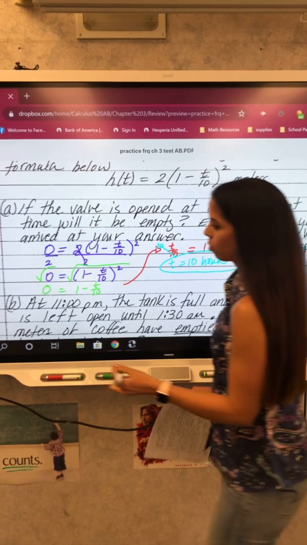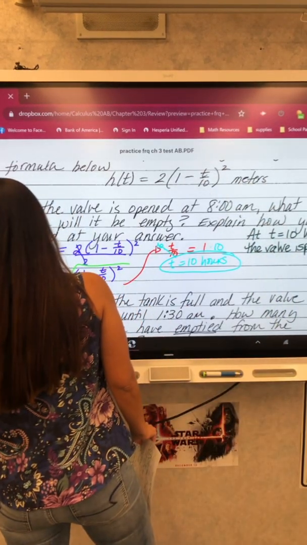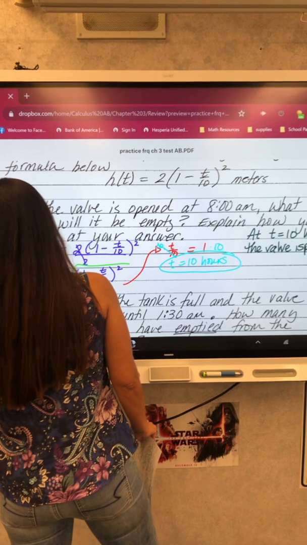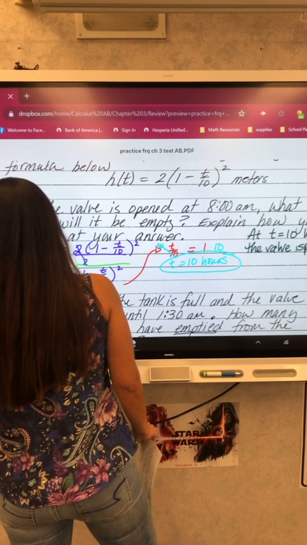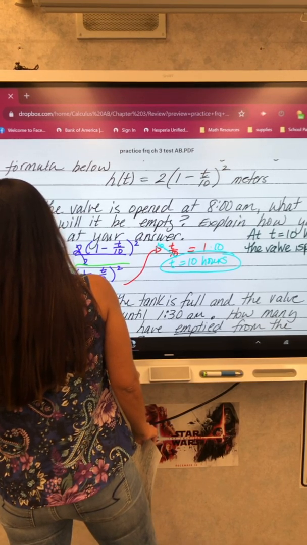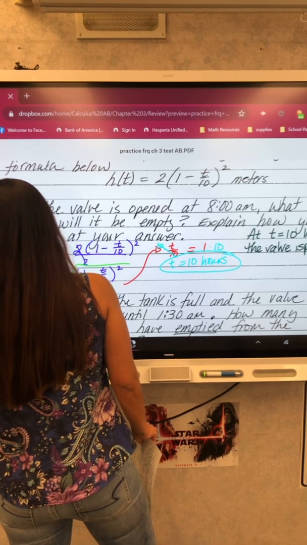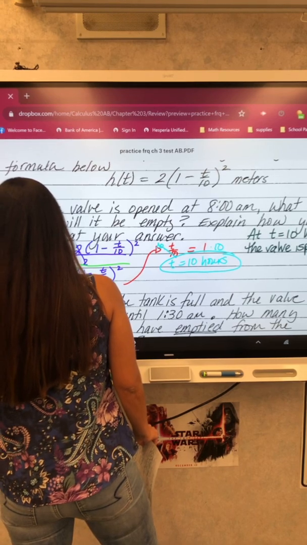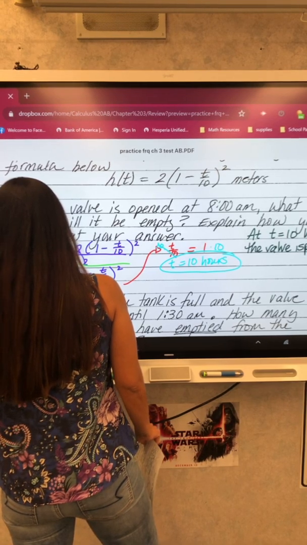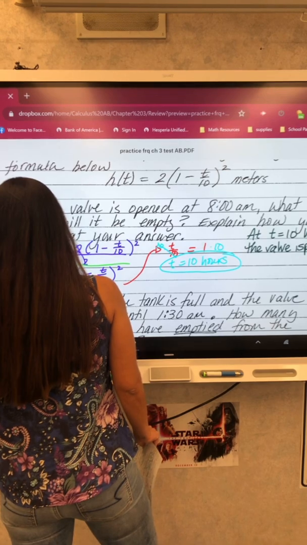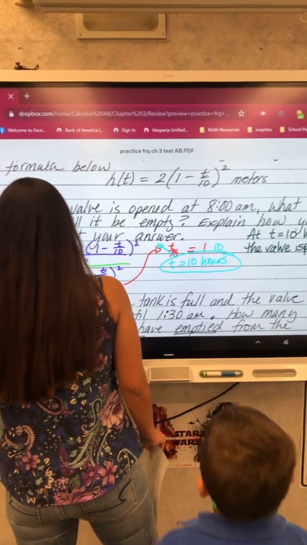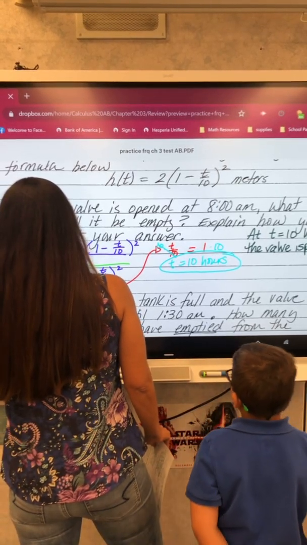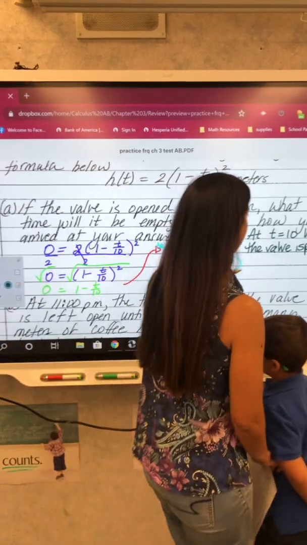Is that the eraser? That's writing. Yeah, I just don't know how to erase.